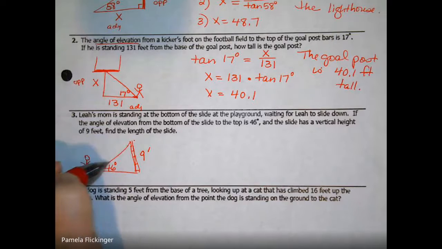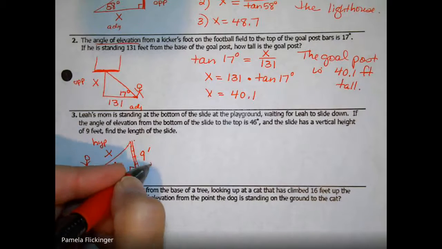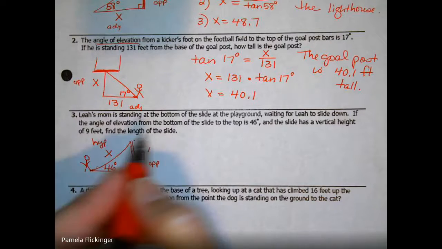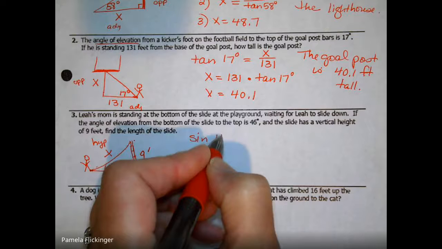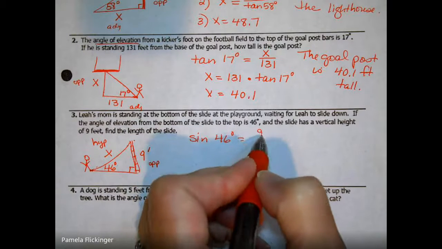So this time, we're finding that part, which would be our hypotenuse. The missing part is the hypotenuse, and across from the angle would be the opposite. So this time we're using sine. Sine of your degree is always opposite over hypotenuse.